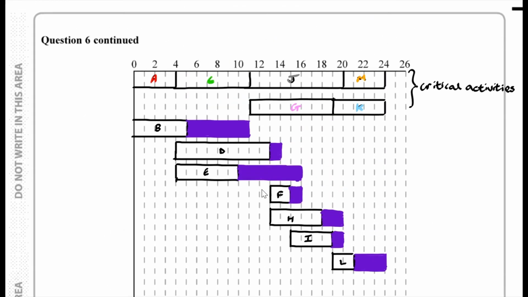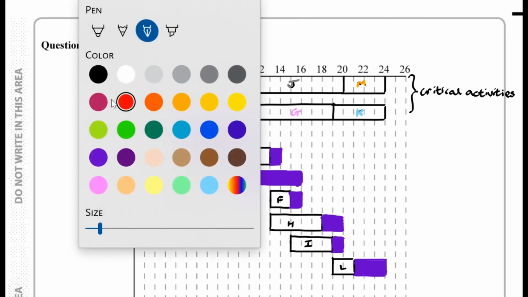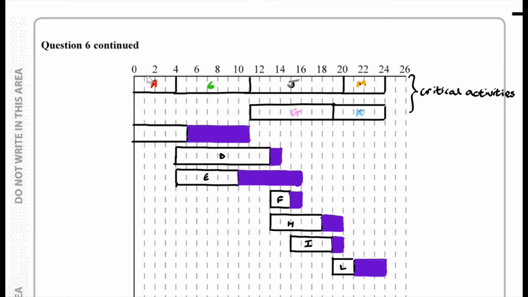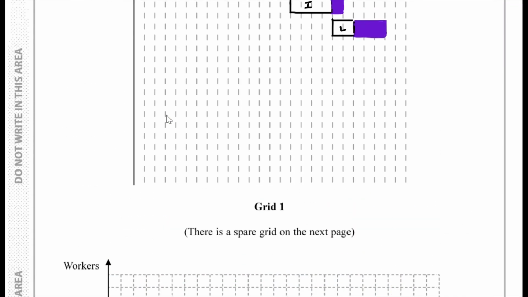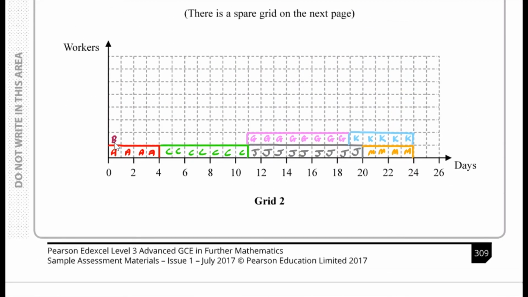Now in terms of what else we have, if we find a different colour, we have B over here. Now B starts at 0 and has a duration of 5. So we have B's over here.